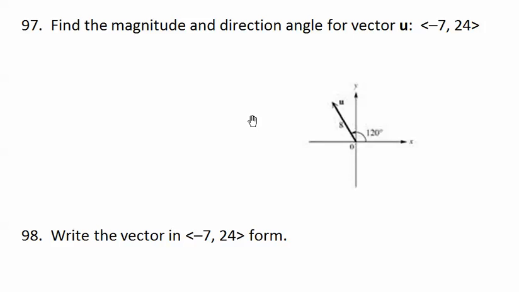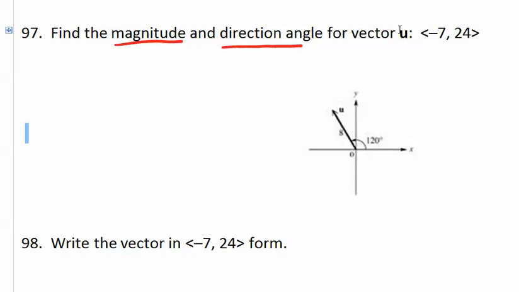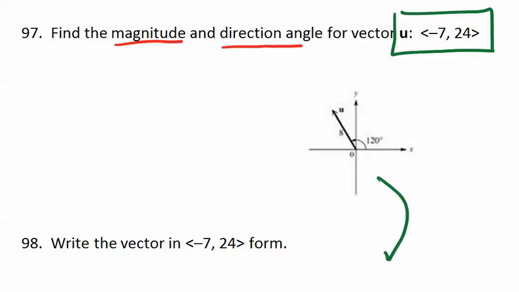All right, so now we should have some repetition here. In a couple more, find the magnitude, that's the length, and the direction angle. So this vector that we're working with is given right here. I've got a problem with my screen. This diagram should be down a little bit lower for the next problem, so pretend that diagram isn't visible to you yet. So we want to take this, remember this is called position notation.